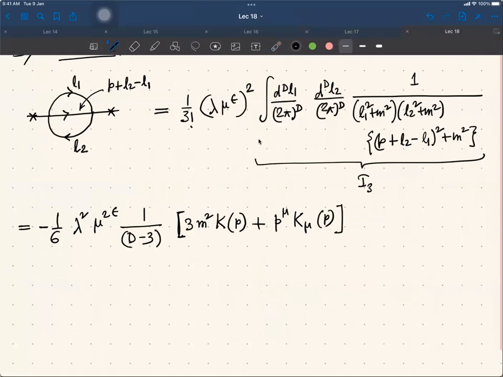Now, if I write d equals 4 minus epsilon, then it is 1 minus epsilon, 1 minus epsilon inverse. And if you do the binomial expansion of 1 minus epsilon to the power minus 1, then we get this.